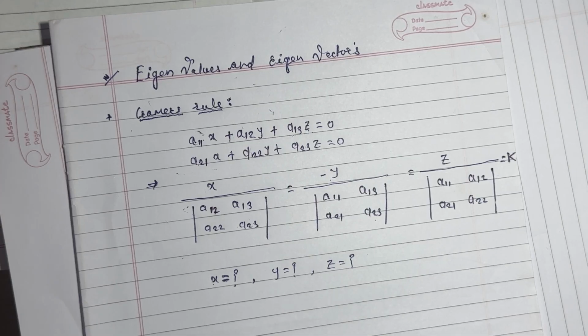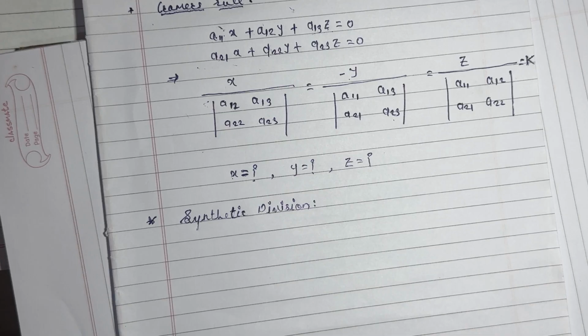We go for the next topic, synthetic division. That one is also needed for our eigenvalue and eigenvector concept. Okay, guys, you all have learned synthetic division from your 7th, 8th or lower classes onward. It is not that difficult. So why do we use synthetic division?